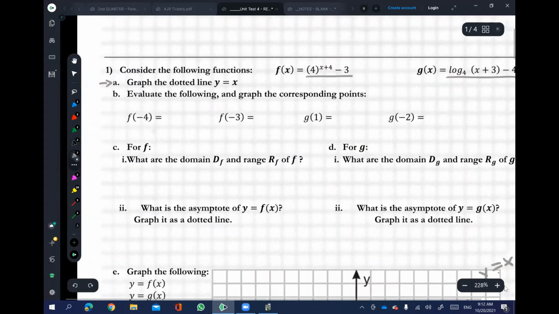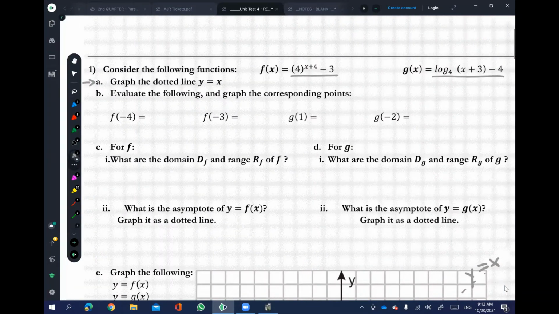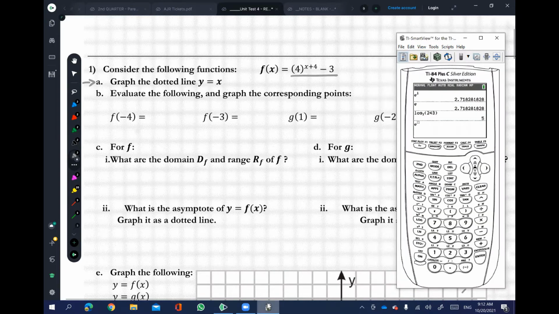Part B is to evaluate a series of values. So for f of -4, what I'm going to do is to first store -4, the store button is right here, into x.